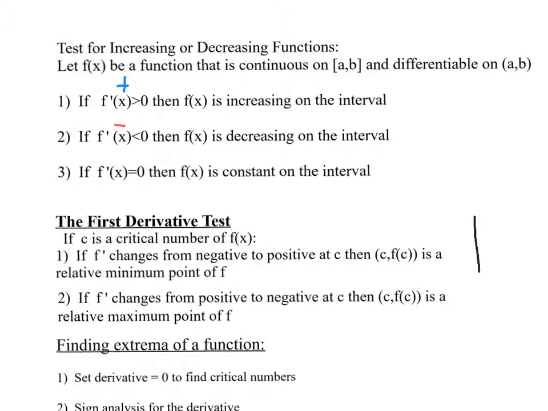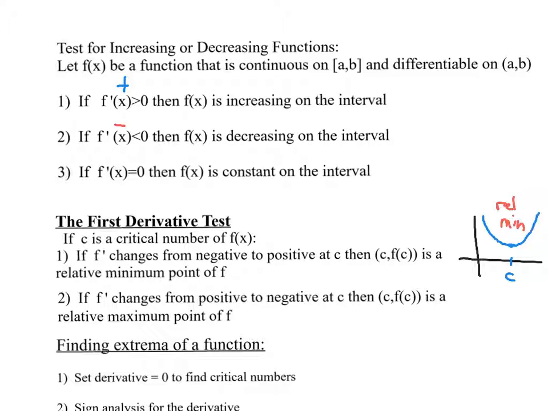We've got a graph where my derivative is changing from negative to positive. So that tells me that my graph is downhill or decreasing and then switching to increasing. So at the place where it switches from decreasing to increasing, or from a negative derivative to a positive derivative, that tells me that this point will be a relative minimum point.